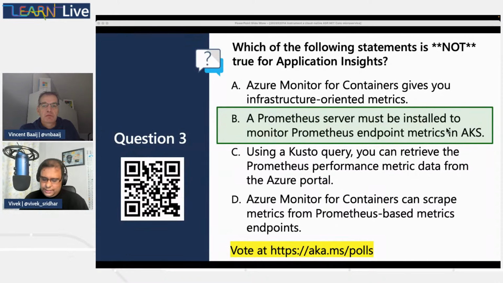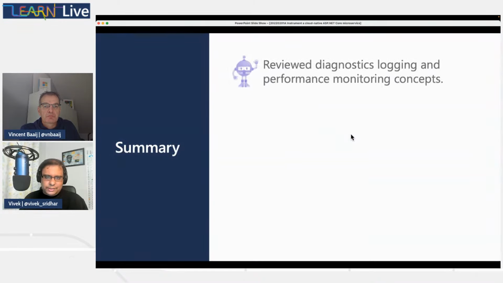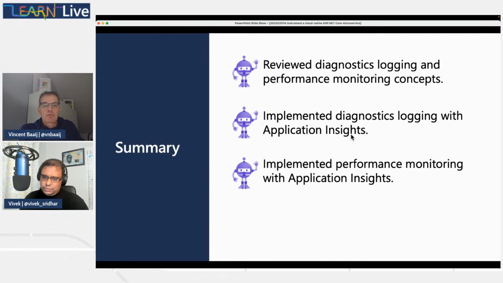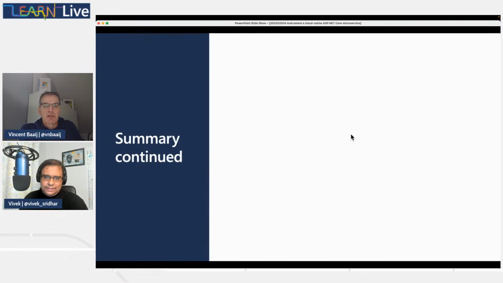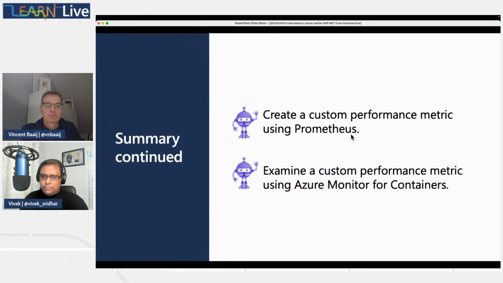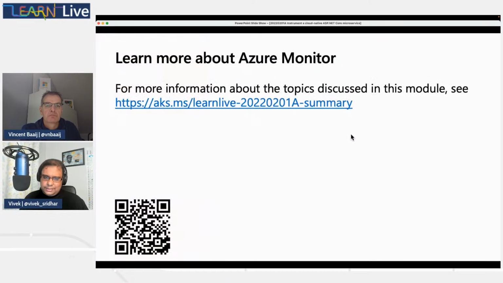Okay, so let me summarize what we have learned. We learned about monitoring and logging, performance monitoring concepts, and obviously how to do both of these things with Application Insights. We also learned how to create custom performance metrics and Azure Monitor for containers, and customize it.